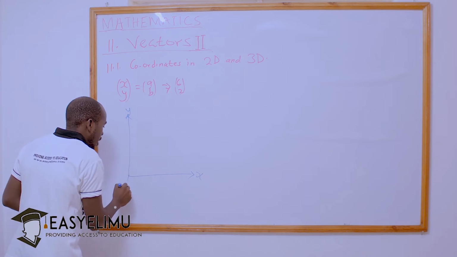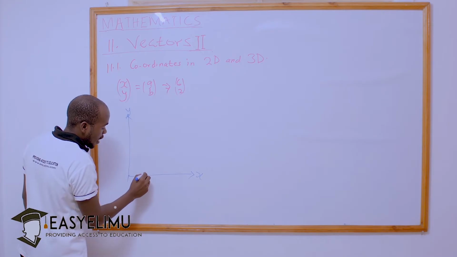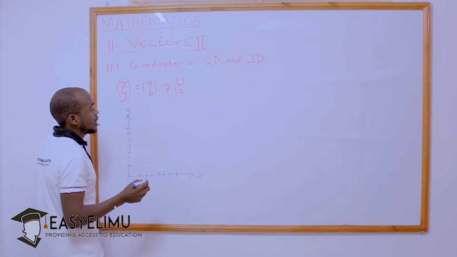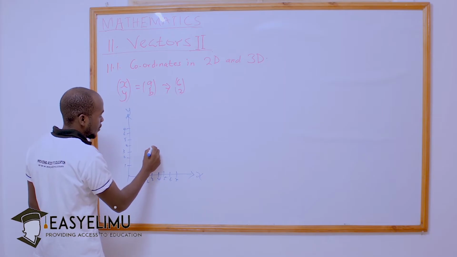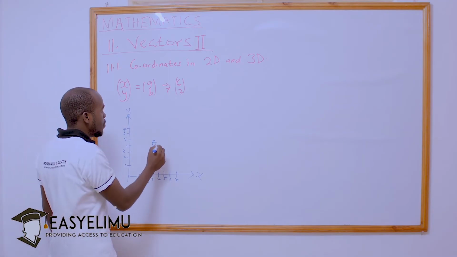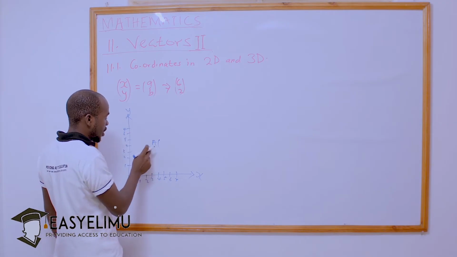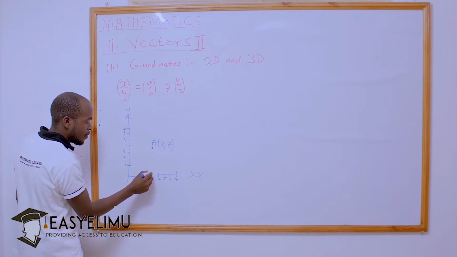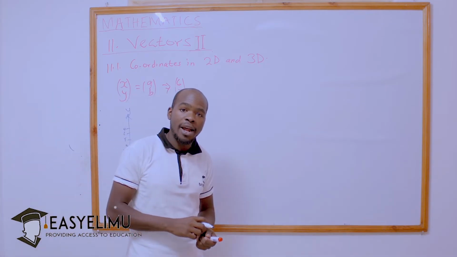For example, you can have a coordinate at this point here, let's call it point A, and in 2-dimensional coordinates it is given by 3, 4. That is how we give coordinates in 2 dimensions, basing on the x-axis and y-axis.